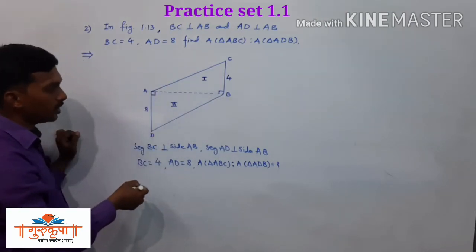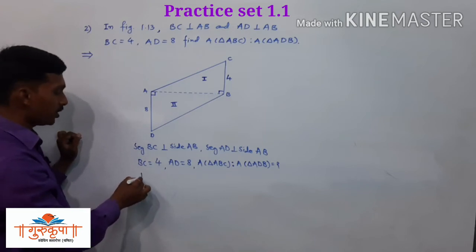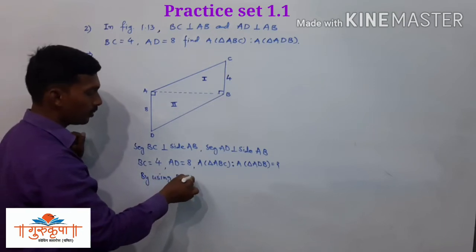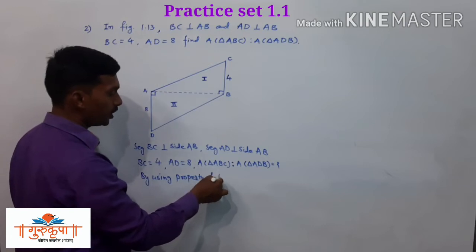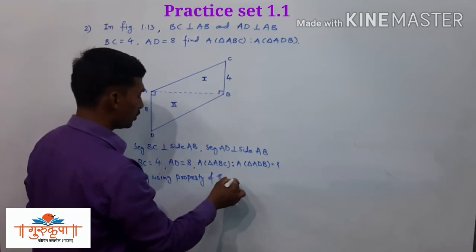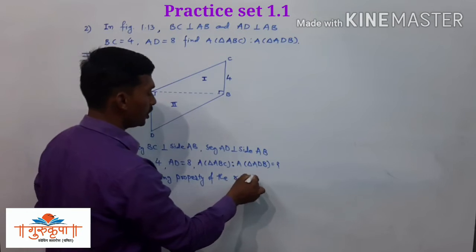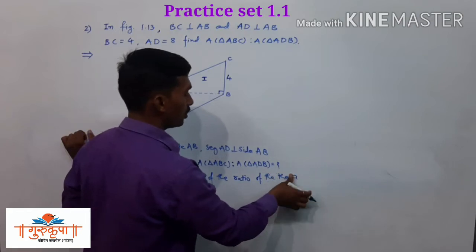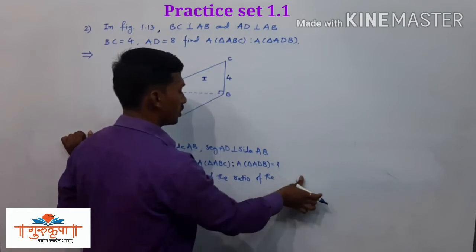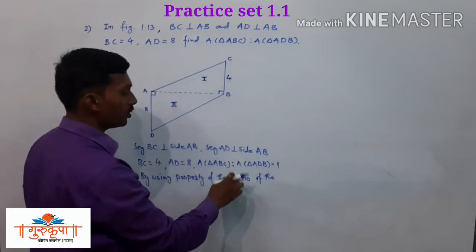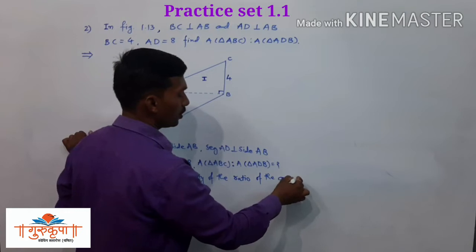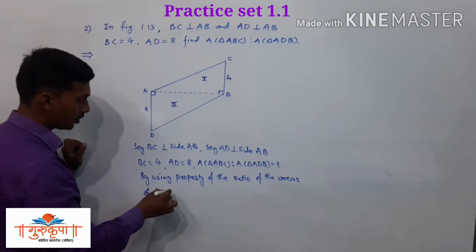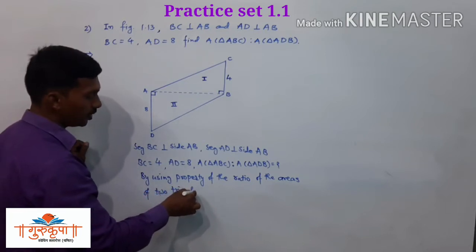Since we have to use that property, here we can write: by using the property of the ratio of the areas of two triangles having equal bases.